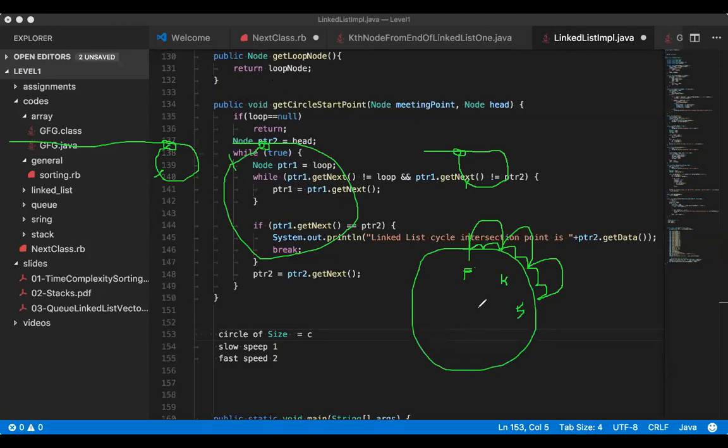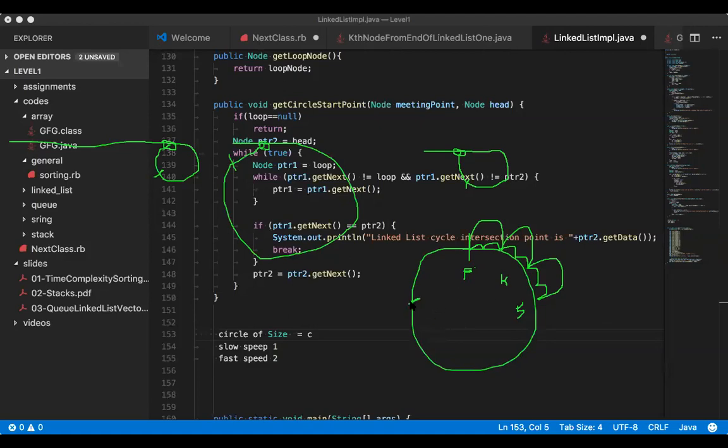Yeah, slower pointer has a lead of k. Both of them start when they start. Slower one is k steps ahead of the faster pointer. Where will they meet again?